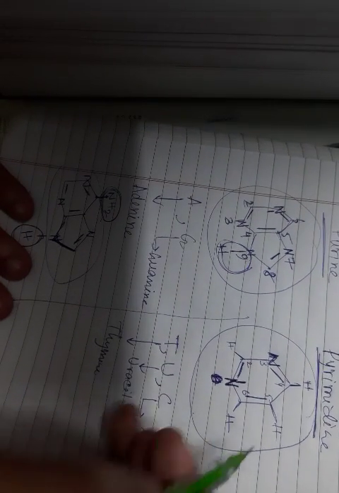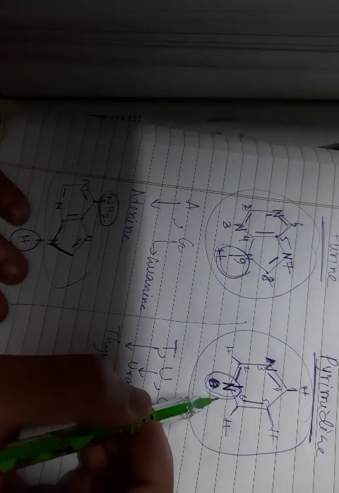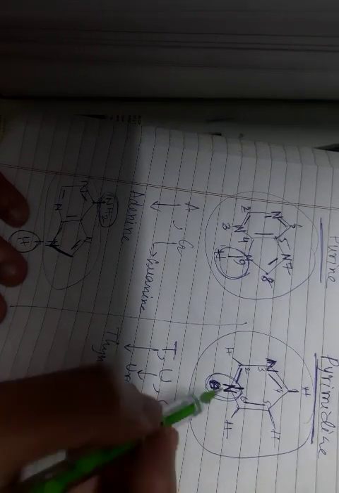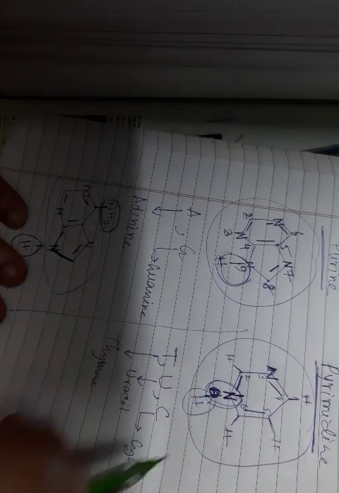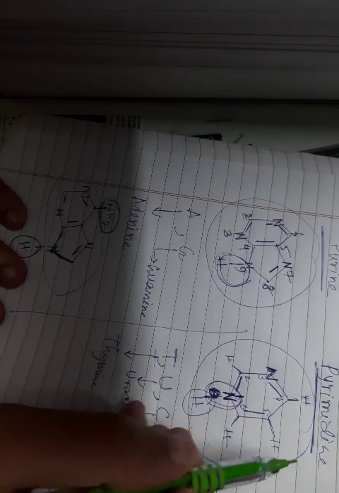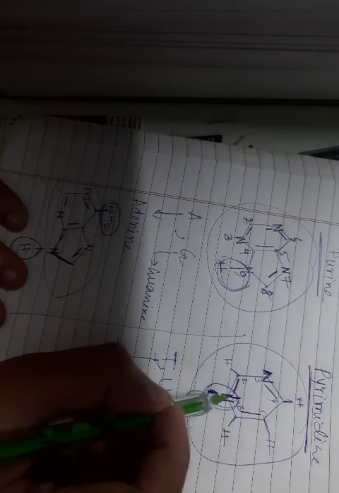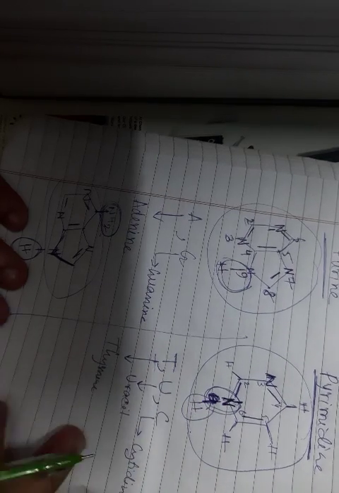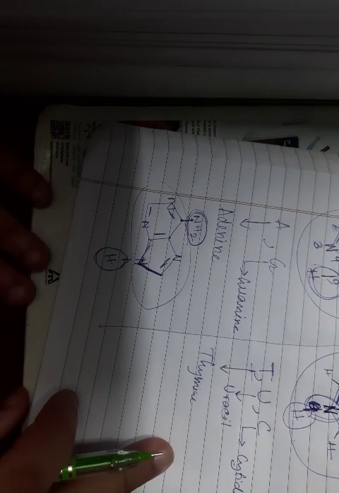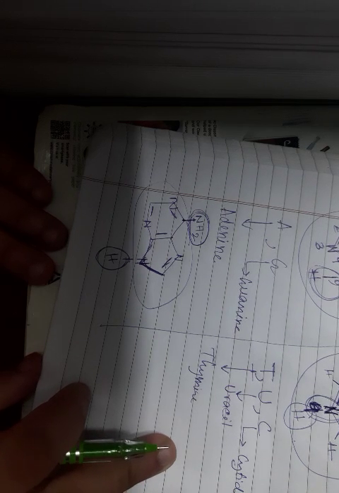And in pyrimidine, from the first carbon they attach to the sugar, but here there is no H, right? But in case of T, U, as they are derivatives of pyrimidine, this N contains one H, and using that they combine with the carbohydrate sugar.